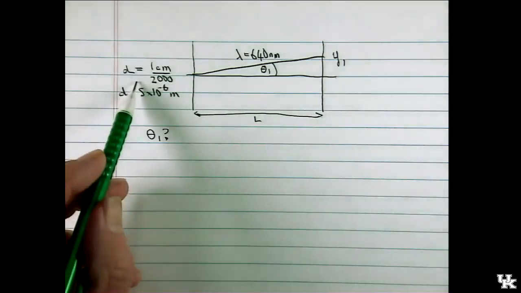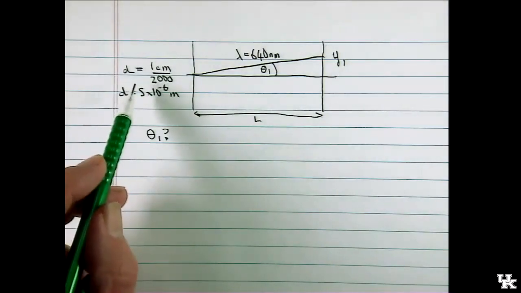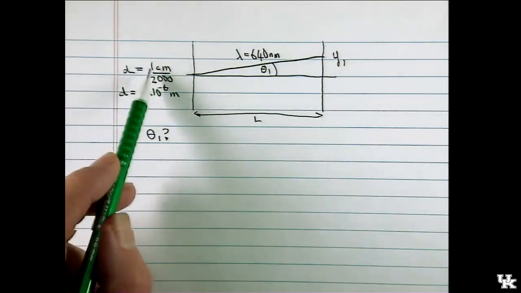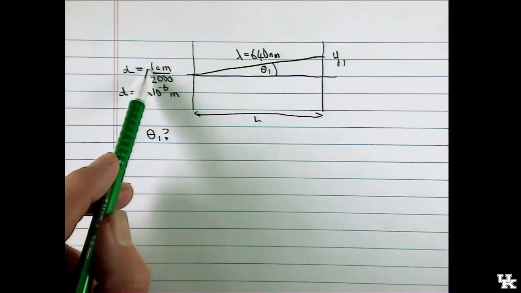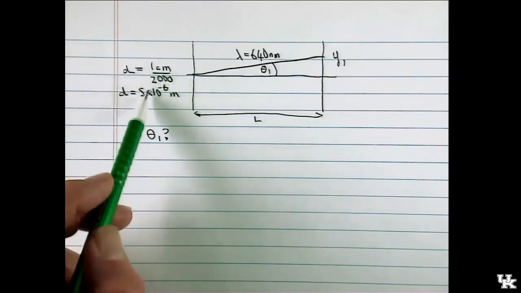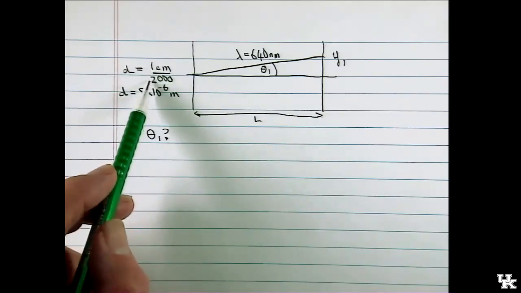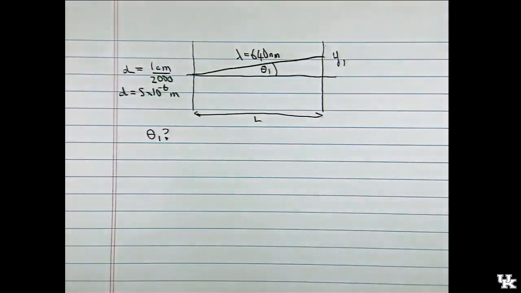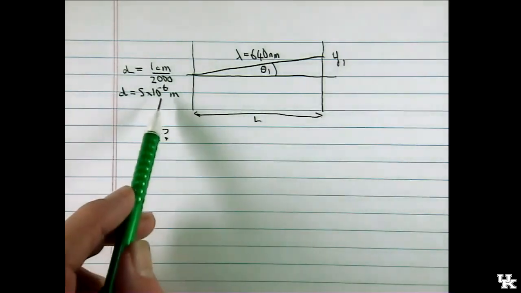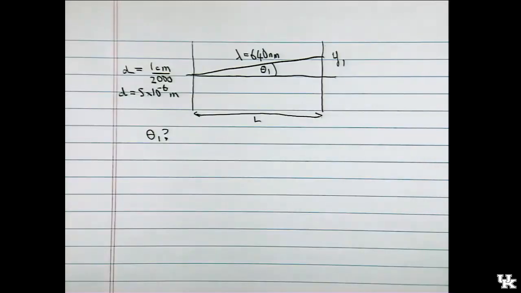So to figure the slit separation between adjacent slits, I've taken a centimeter and divided it by 2,000. That would be the distance between adjacent slits in centimeters. I also divided it by 100 to convert it into meters, and I got 5 times 10 to the minus 6 meters as the distance between adjacent slits. So we know this number d.